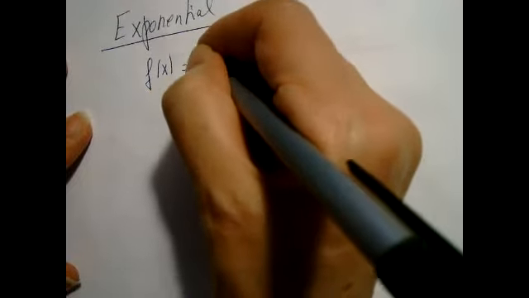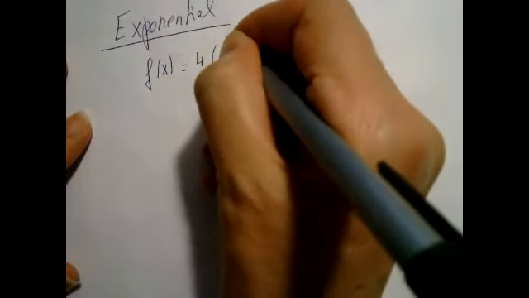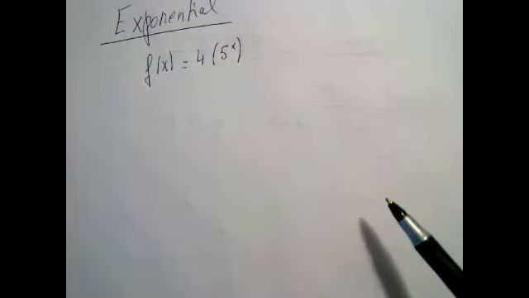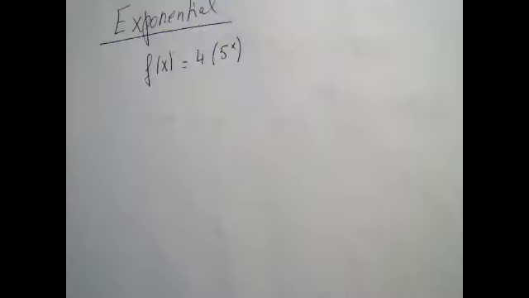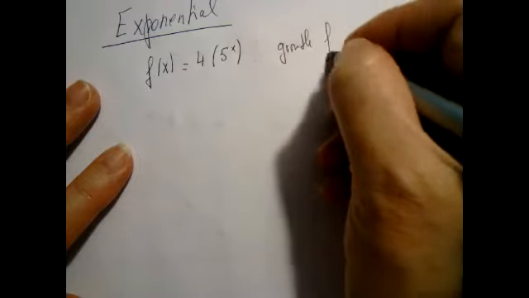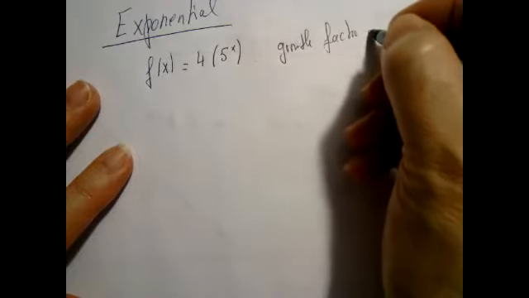Suppose f of x is 4 times 5 to the x. I picked the same number on purpose. In the previous one, 5 was the slope. Here, 5 is the growth factor. So the growth factor is 5.